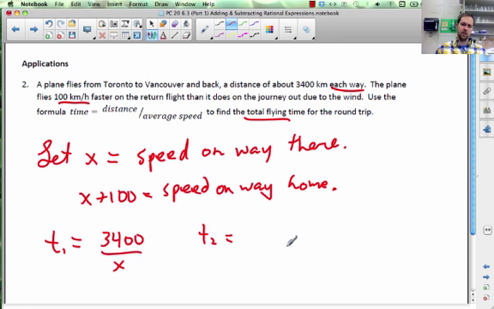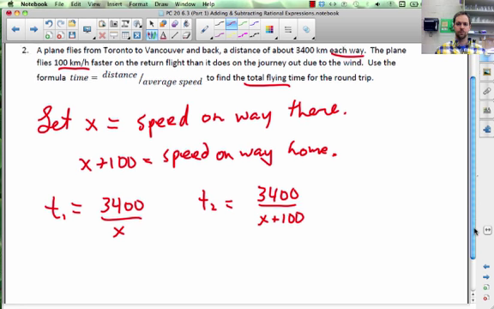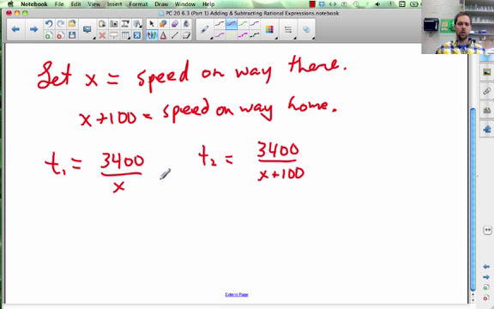T2, the return flight, equals 3,400 over x plus 100. There you go. And we want to add these two times together, T1 plus T2, so that's the T total. So 3,400 over x plus 3,400 over x plus 100.